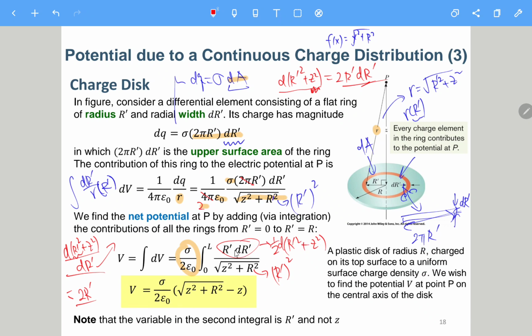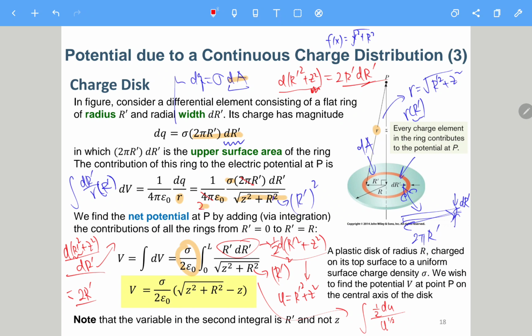If you consider it too complicated, you can just do a change of variable, like make u to be r prime squared plus z squared. Then the integration will look like one half of du and then u to the 1/2 power.